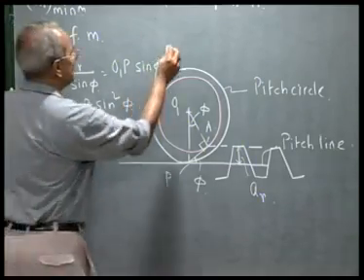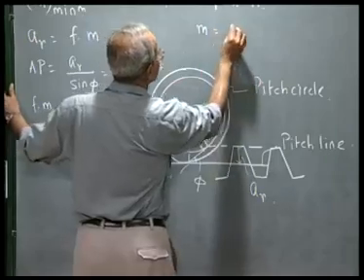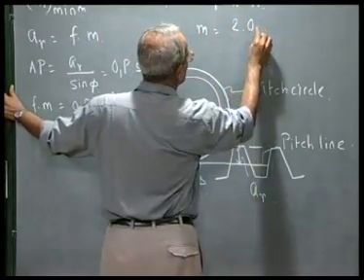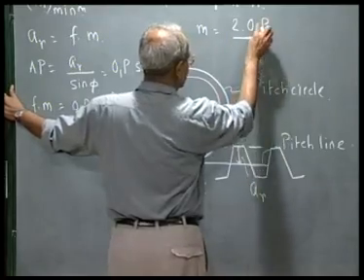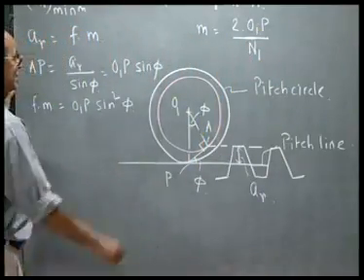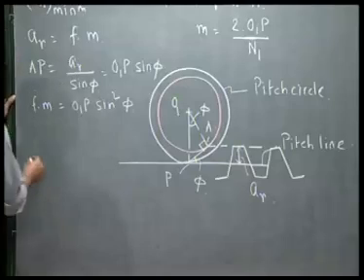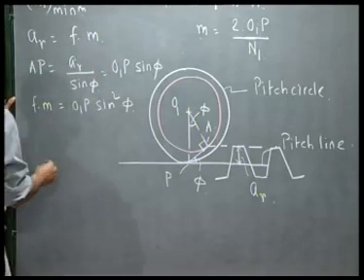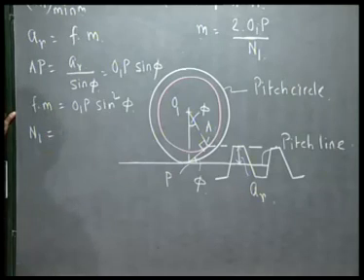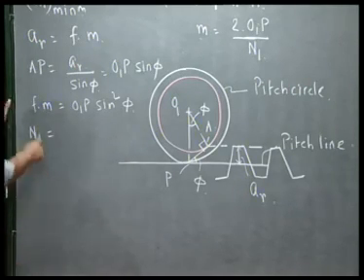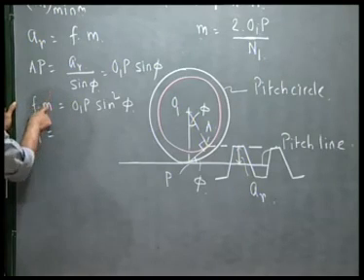And what was m? m, if you remember, is nothing but 2 into O1P by N1, pitch circle diameter by the number of teeth. That is the definition of the module. So if I place that, I get N1 m, I am writing twice O1P by N1.